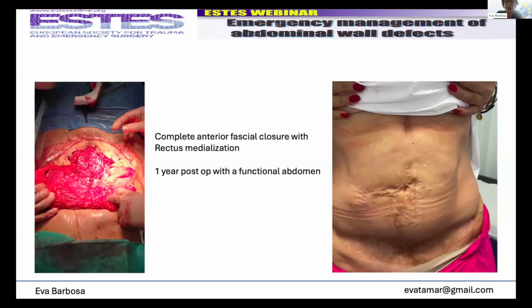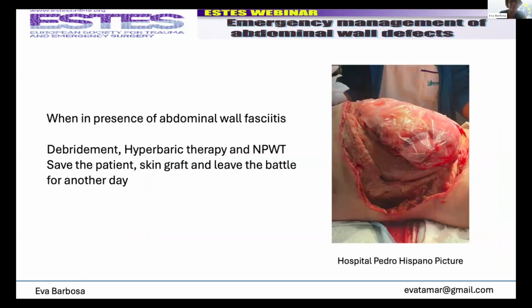But either way, she has a PT, she does her cardio, her muscle workout, and she's so happy that finally the nightmare is over. So sometimes you just need to do a planned ventral hernia and then come back another day and fix the patient.